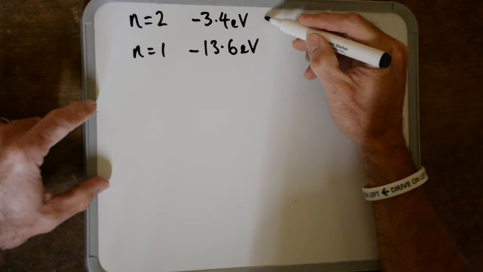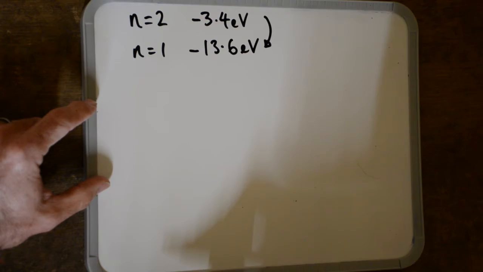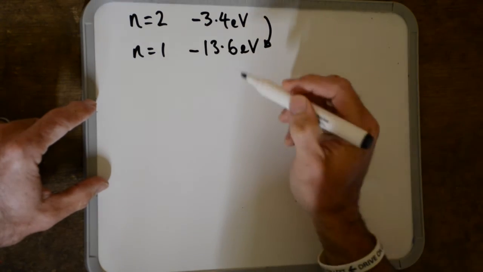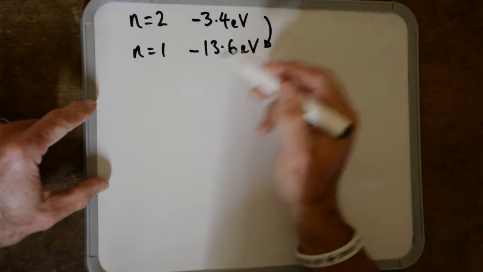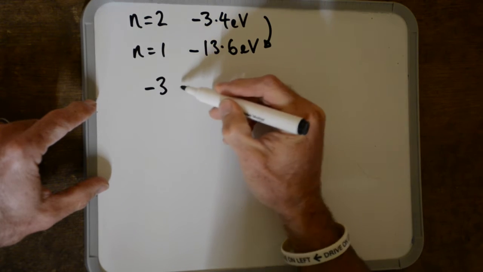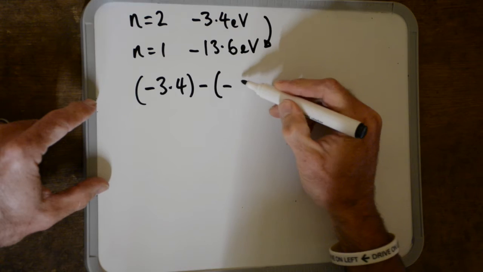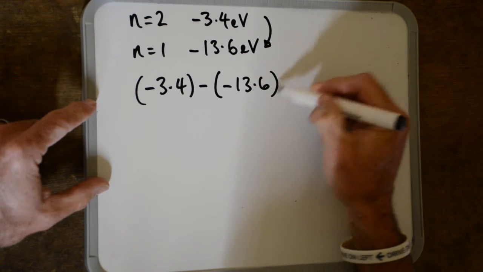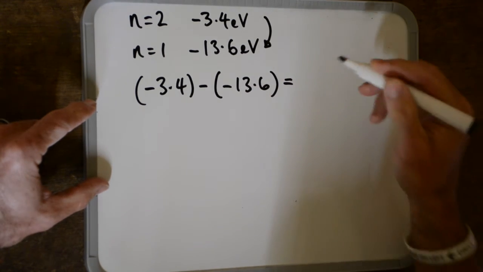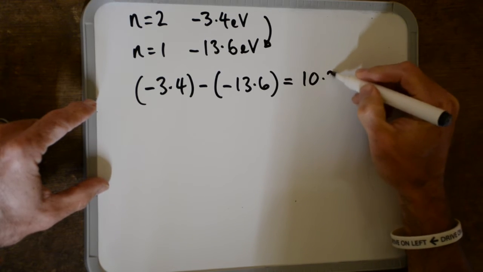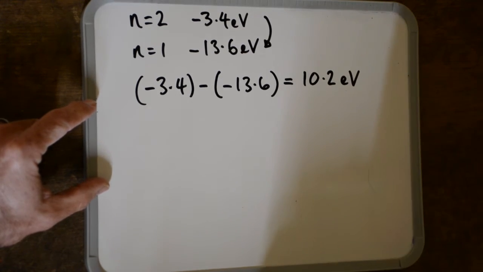So in order for the electron to drop from here to here, it must lose the amount of energy that's between these two. So if we subtract one from the other, we get an answer of 10.2 electron volts.